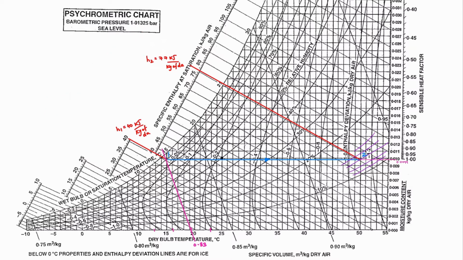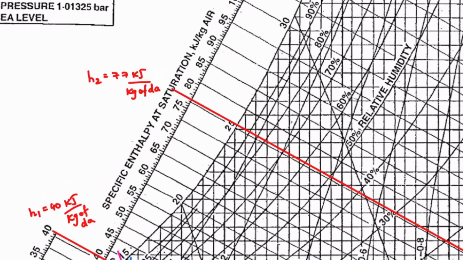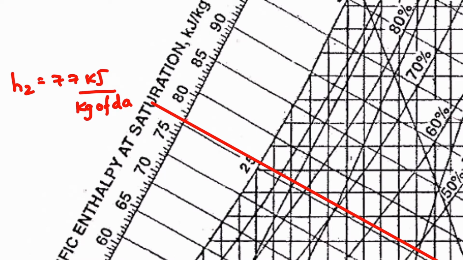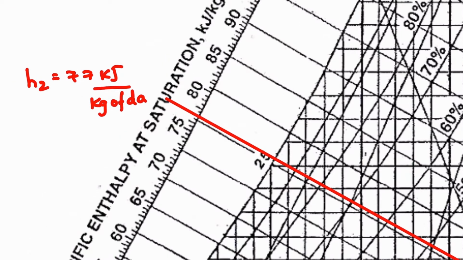So we have to read enthalpy of point 2. So just take the roller scale, draw parallel to this incline from point 2. Wherever it intersects the specific enthalpy scale, there you have to read the value of enthalpy. Now here you can see this value is 75, this is 76, and this is 77. So H2 value I have read 77 kilojoule per kg of dry air.